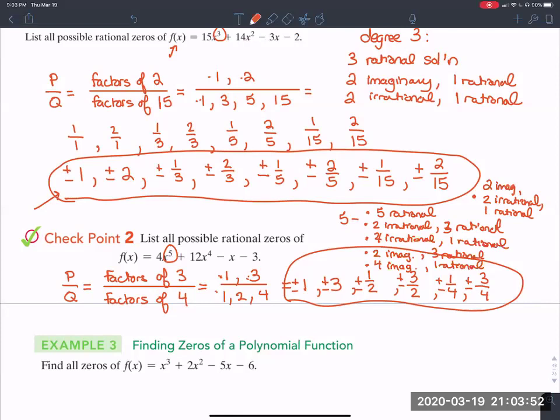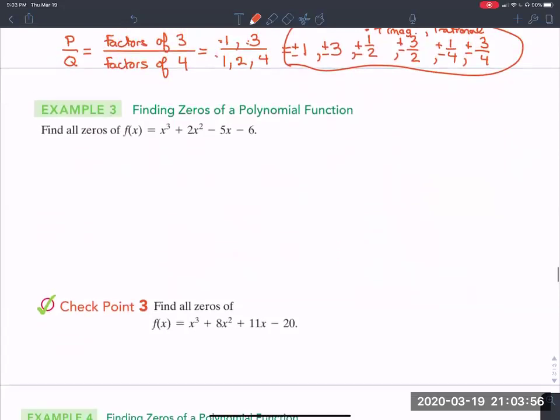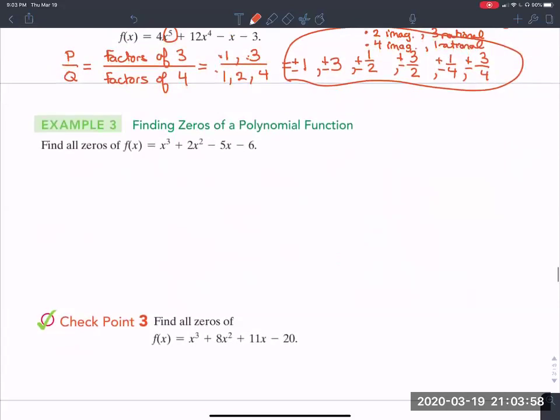Now, this brings up a pretty important point. How do we determine from this pool what our potential zeros are? Well, remember what the factor theorem said. The factor theorem said that if I do synthetic division and get a remainder of 0, then that number is a factor of the polynomial. So let's take, for example, example 3. Find all the zeros of this polynomial.